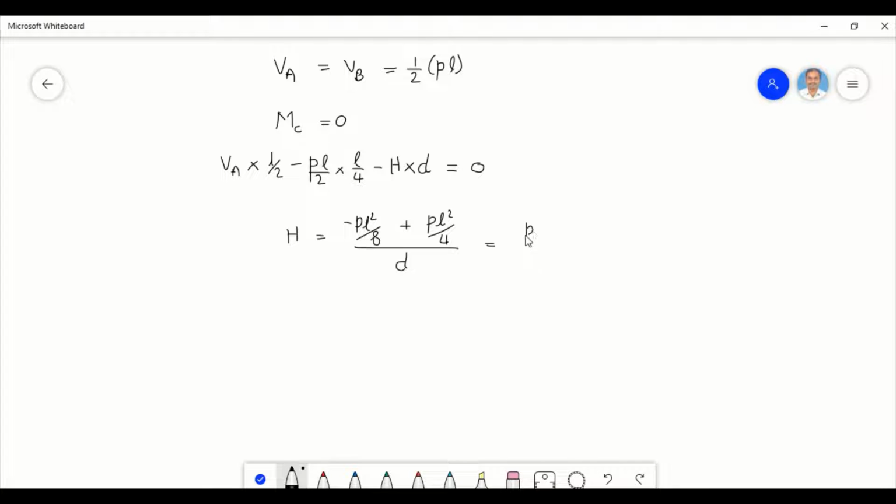So this is PL square by 8d. So the value of the horizontal reaction H is PL square by 8d.